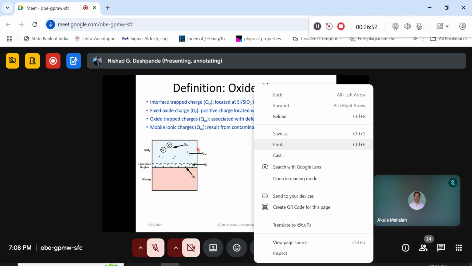When I'm talking about all these charges, one has a question in mind: how can we determine these charges? There is a very simple technique. We call it the capacitance voltage analysis technique. Maybe some of you might have used this earlier whenever you were teaching semiconductor physics or another related course.